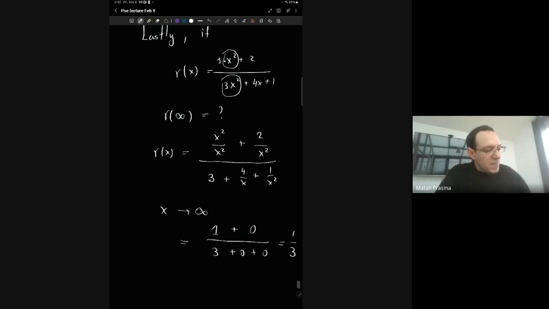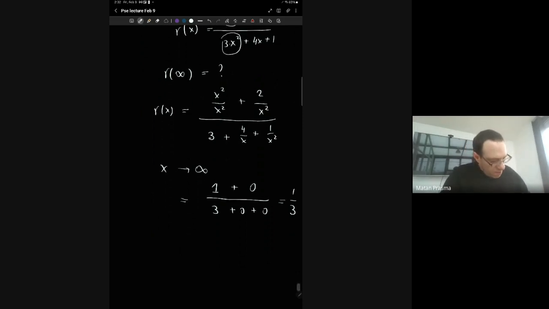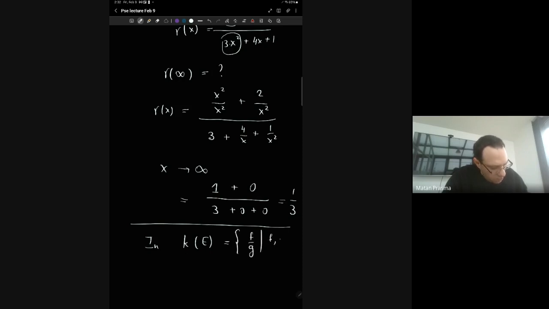Okay, so this is the one variable case. Now, what do we do in K of E? K of E, I remind you, is quotients of polynomials that are both polynomials over E. So if I want to evaluate R at infinity, at O, then I need a notion of degree.